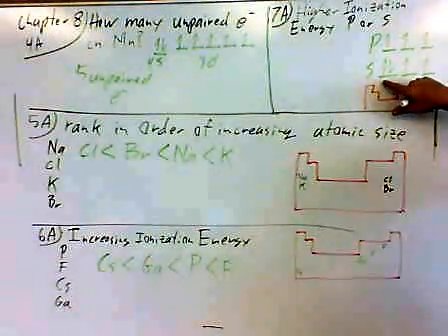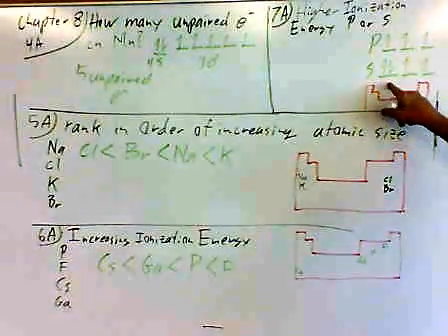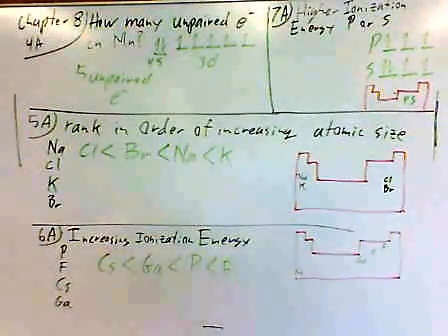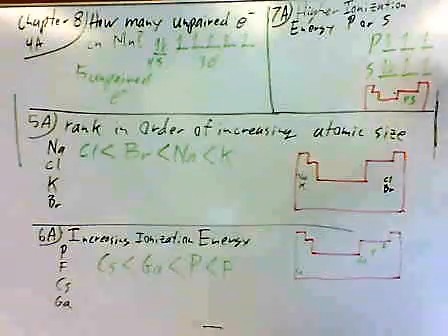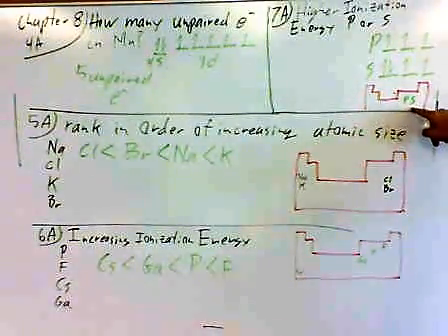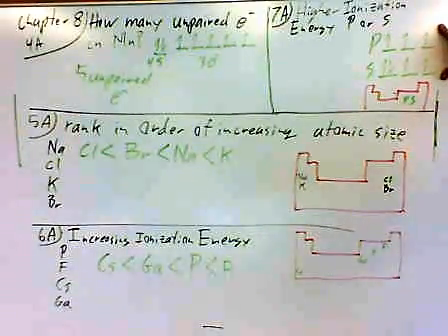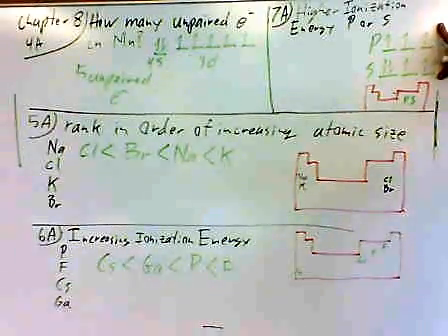But sulfur has lost the parallel spins and now has an extra electron repulsion in one orbital. So this is an exception to the general trend. The general trend would say that sulfur would be higher than phosphorus. So this is our exception. When we have half-filled or completely filled sublevels, we hit an exception.